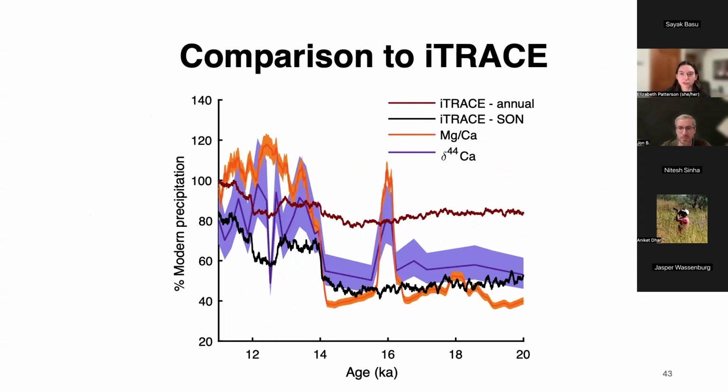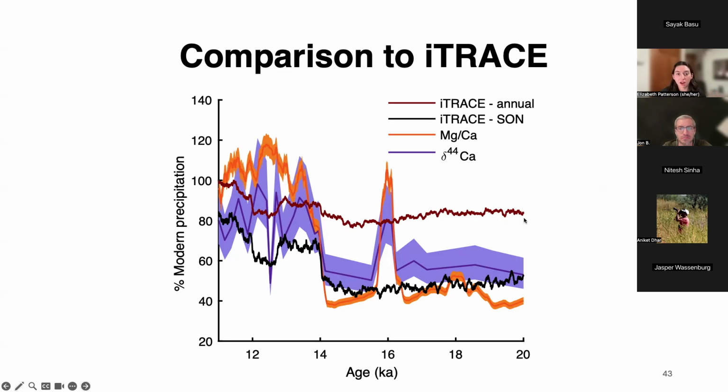Okay, so now I'm going back to iTrace, that transient climate model simulation, and I'm plotting rainfall amount from iTrace against rainfall amount from the HH1 record. We can see right away that if we look at annual rainfall, which is this red curve here, it only shows maybe a 10 to 20% decrease during the LGM, which is way less dry than what our proxy records show.